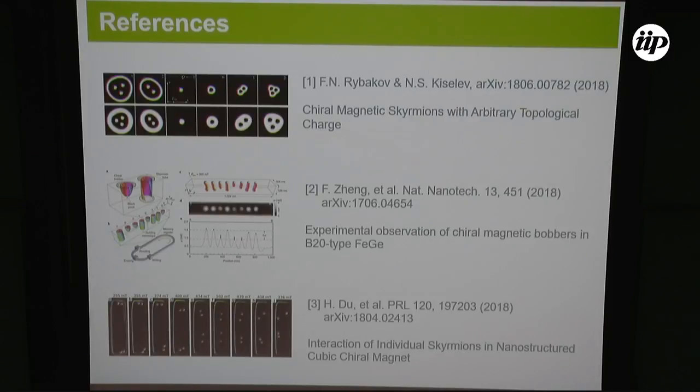But if we increase the external magnetic field so much that the tilting angle of the cone phase becomes 0, so the cone phase transforms to the saturated ferromagnetic state, the theory becomes like two-dimensional, and skyrmions repel each other. So it was demonstrated and measured.